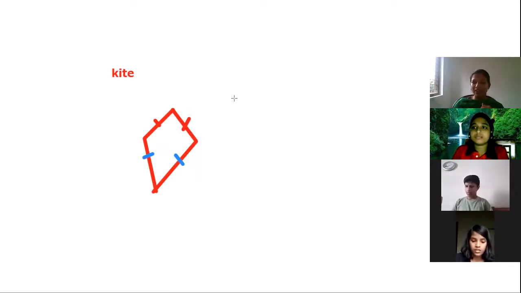On page number 45, you can see there is another Do This question for you. Take a thick white sheet. Fold the paper once. Draw two line segments of different lengths as shown in figure 3.12. Cut along the line segment and open up. You have a shape of kite.